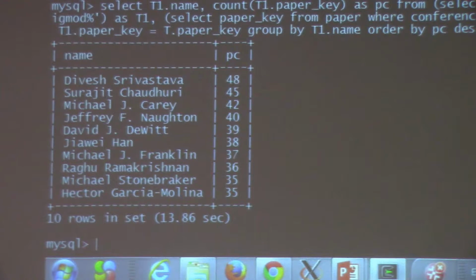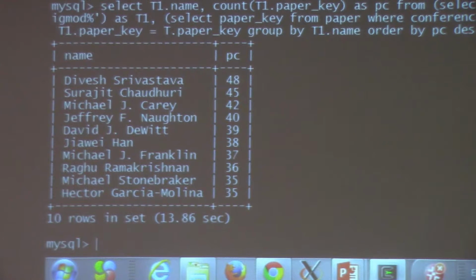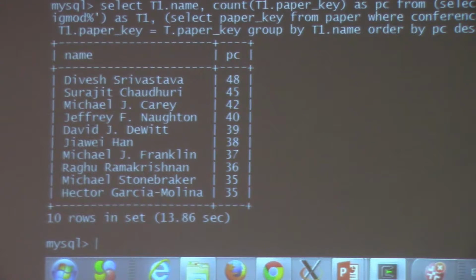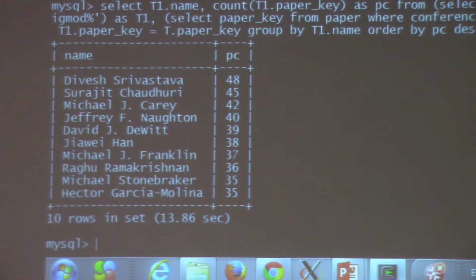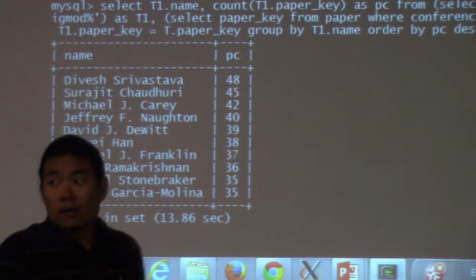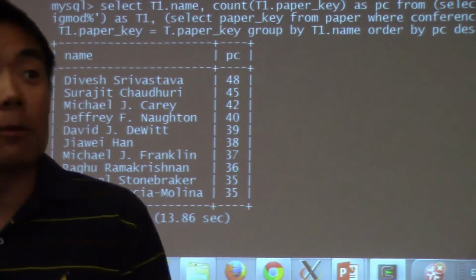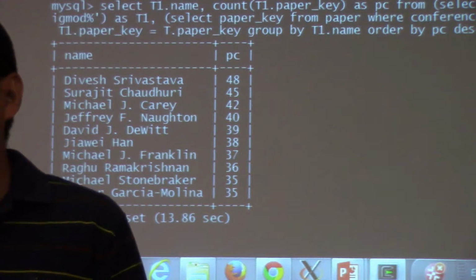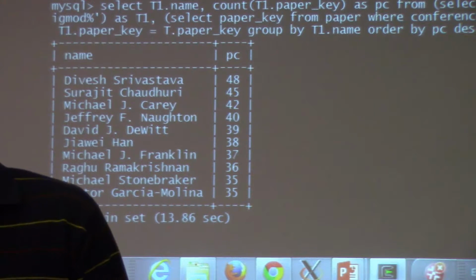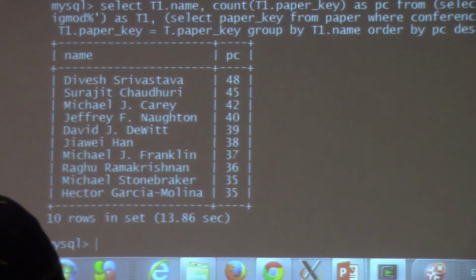Yes. So in this query, we filtered based on the conference key, like SIGMOD, which is just based on the observation of the data. So how do we assure that? Very good point. It is based on the observation of the data. If the data doesn't give you that, then obviously you cannot apply filtering like this.